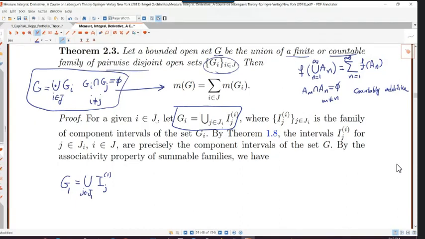Now, it is the family of component intervals of the set Gi. Now, by theorem 1.8, these intervals Iji for j belongs to Ji are precisely the component intervals of the set G.